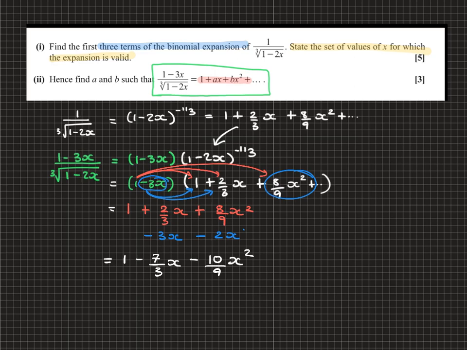Now we should always make sure we compare and check that our answer makes sense. We were trying to get to something of this format over here, and hopefully everyone can see that we've got a equals negative 7/3 and b equals negative 10/9.